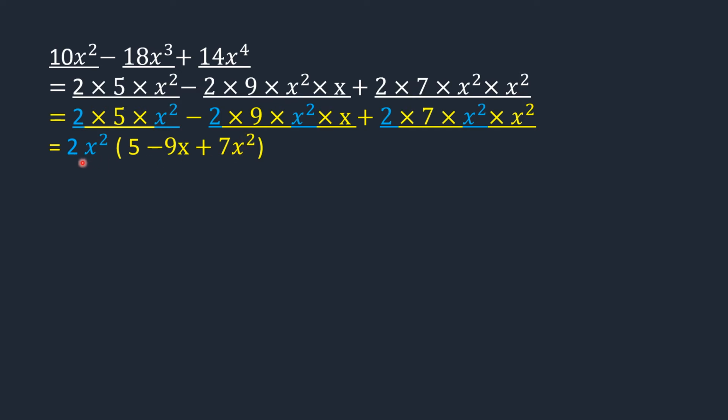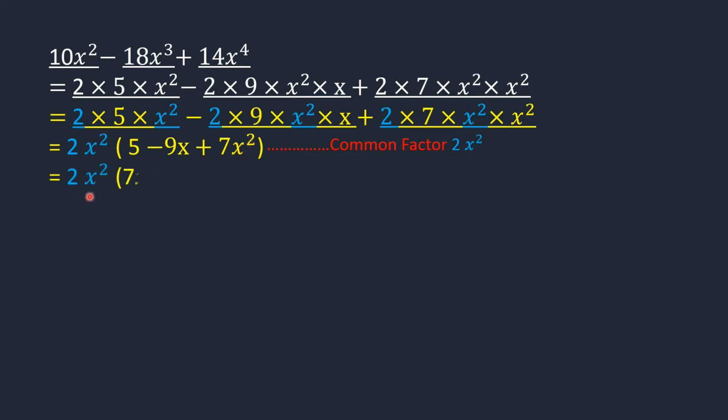So there are these factors: 2x squared multiplied by 5 minus 9x plus 7x squared. Here 2x squared is the common factor. Now the second factor, which is a group of terms, we will write in the descending order of the powers.